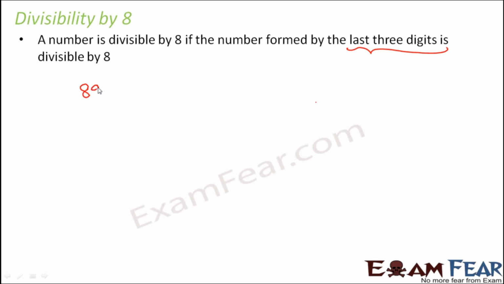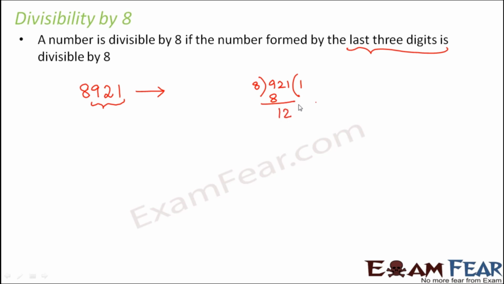Let's say that you have a number 8921 and you have to decide whether this number is divisible by 8 or not. So what you need to do, you need to find out by actual division whether the last three digits, that is 921, is divisible by 8 or not. So you divide 921 by 8.